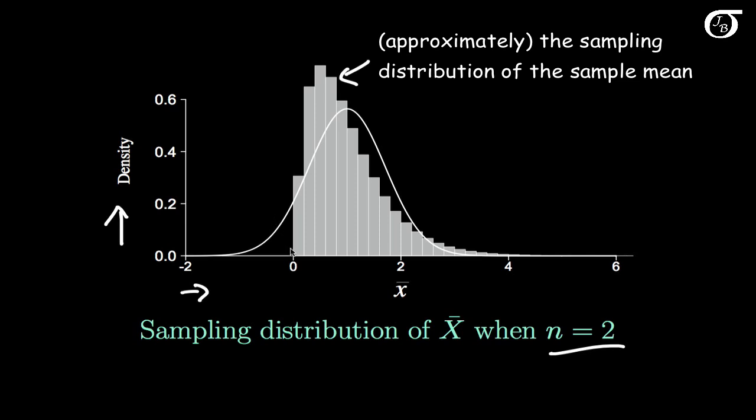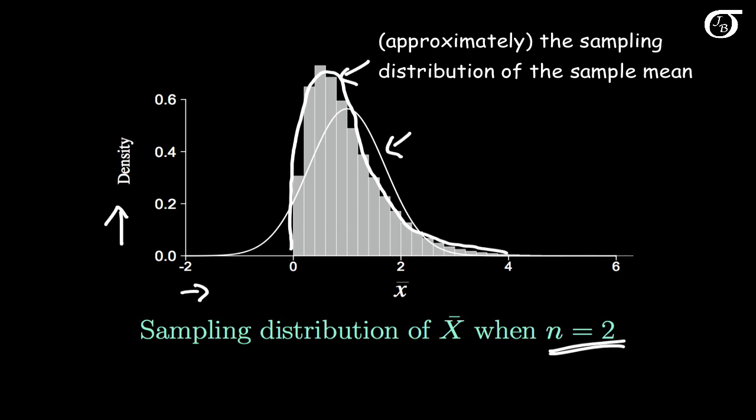We can see that this distribution retains some of the original distribution. We've got some right skewness. It's most definitely not normal. Here, with this white line, I've superimposed a normal curve with the appropriate mean and variance. We can see that when n is 2, the sampling distribution of the sample mean is not normal.